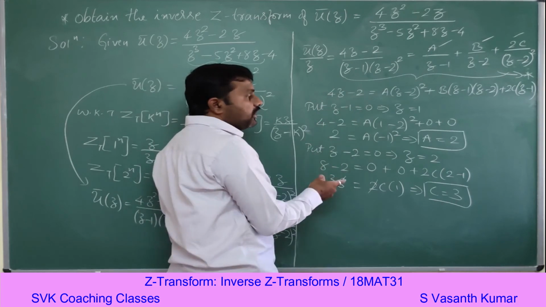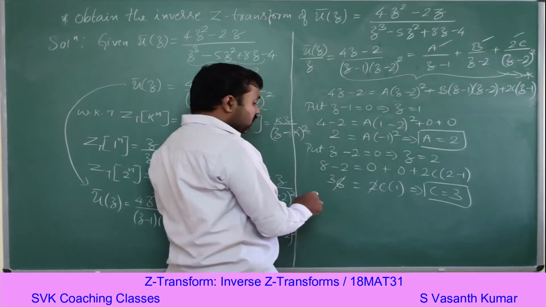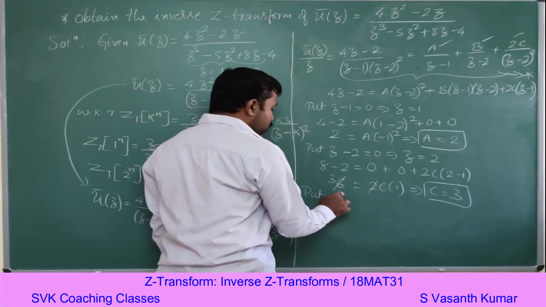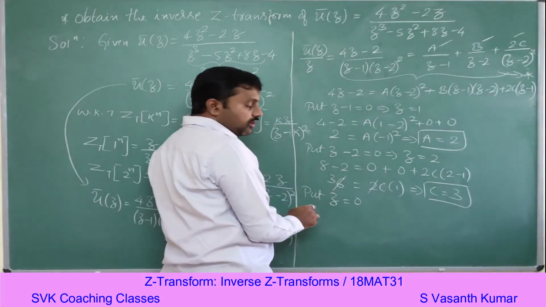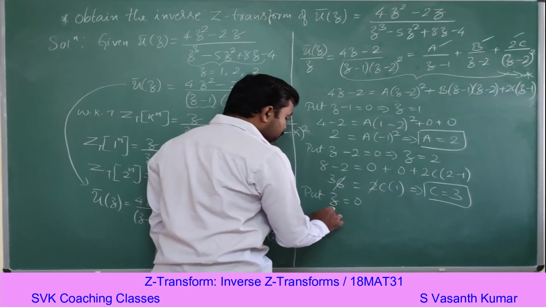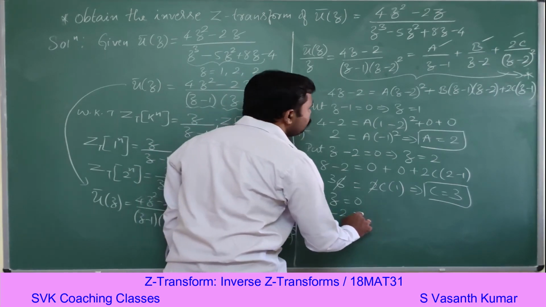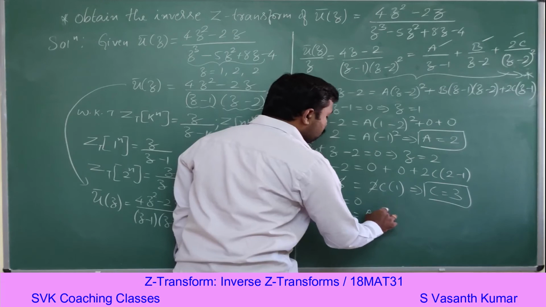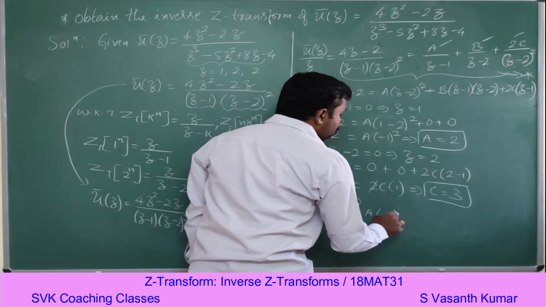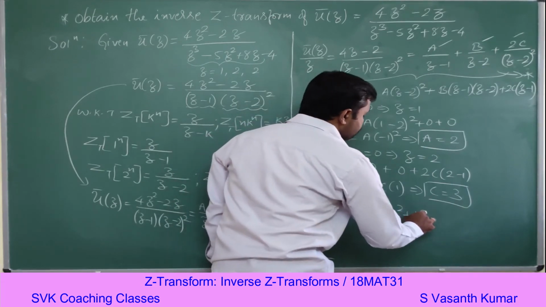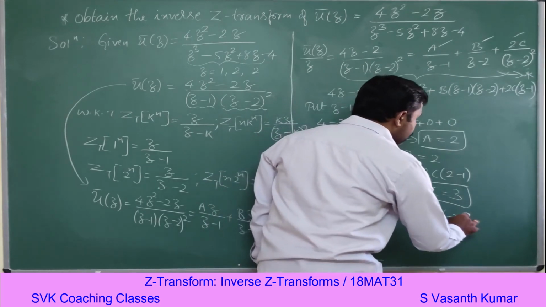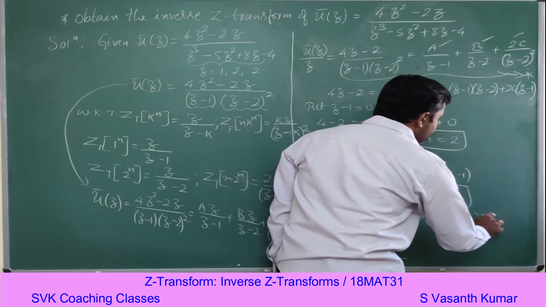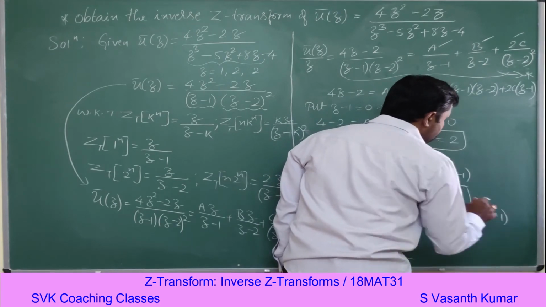Finally I require to find the value of b. So how to find? Just put z equal to 0. So 4 into 0 is 0, 0 minus 2, which is equal to a into 0 minus 2 is minus 2 the whole square plus b into 0 minus 1 is minus 1, 0 minus 2 is minus 2 plus 2c into 0 minus 1 is minus 1.